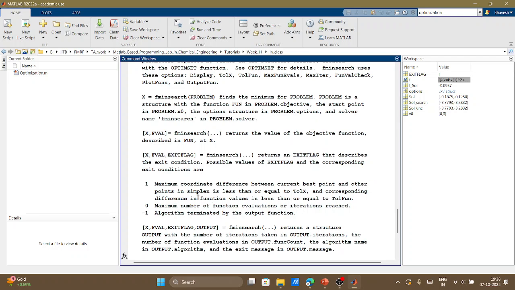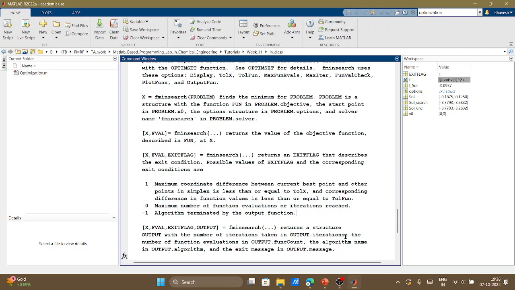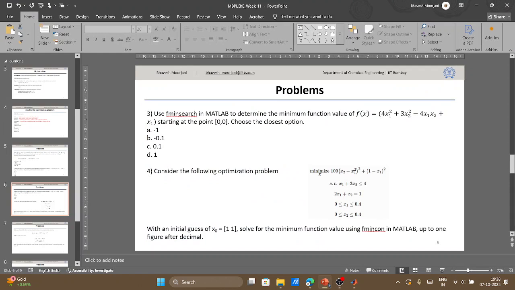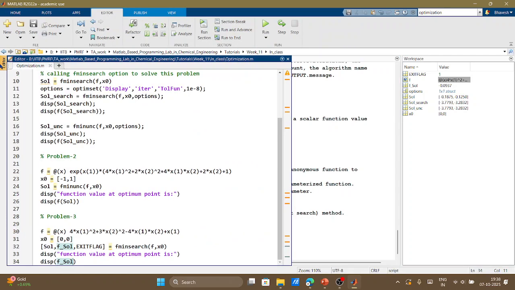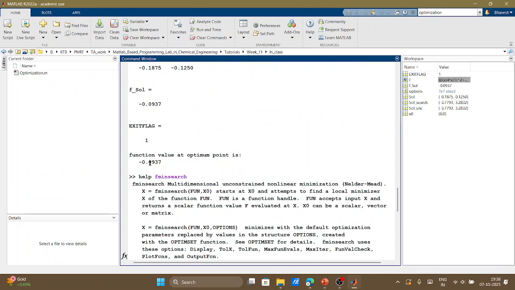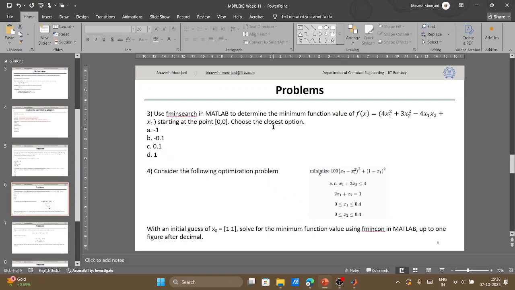So this shows that we have reached our tolerance criteria. That's why we are getting the flag as 1, which says that you have reached your criteria, and this is your function value, right? So what should be the corresponding answer? My value is here, sorry, 0.0937, so it's the closest option, so 0.1 is your answer.